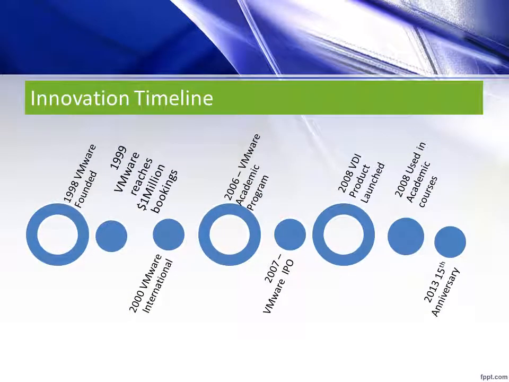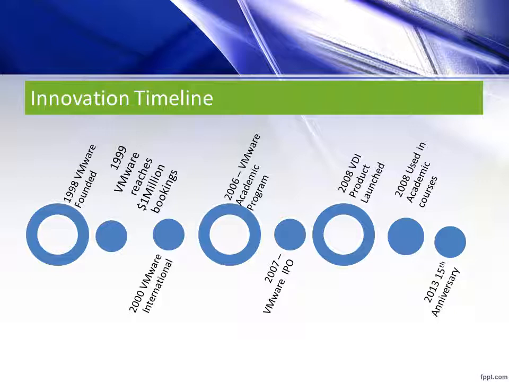Let's look closely at the innovation timelines and some key historical dates. The innovation timeline shows the process of general public awareness of VMware virtualization products through the use of VMware's virtual desktop infrastructure by academic institutions. VMware was founded in Palo Alto, California in 1998 by 5 researchers.